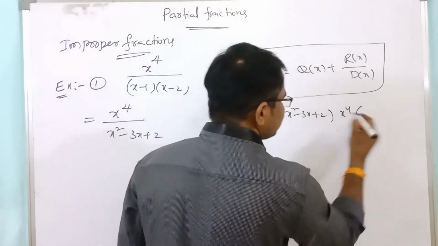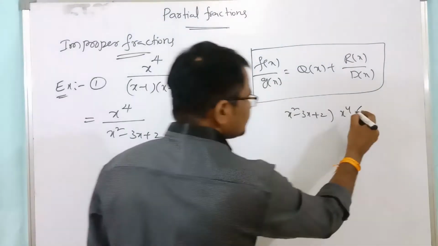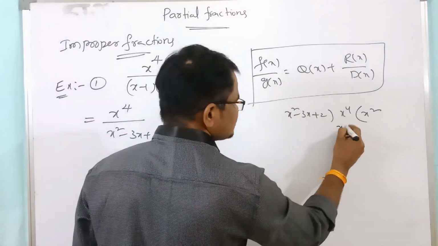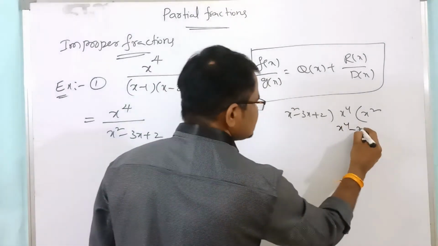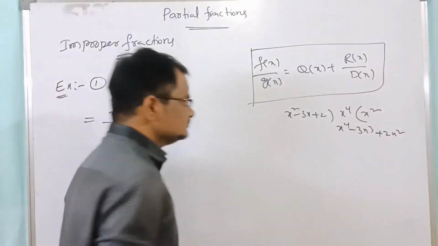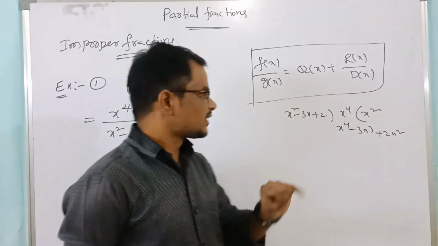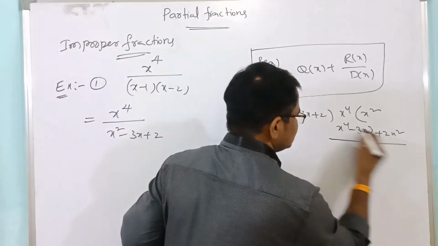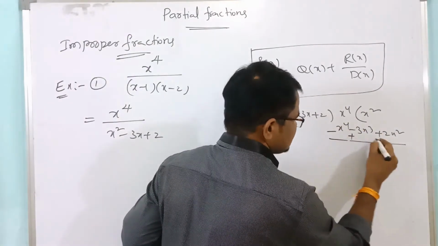Here x to the power of 4 is there. How many times do we have to multiply x square? So x into x square into x square gives x to the power of 4 minus 3x cube plus 2x square, right? Now we subtract, minus plus minus.